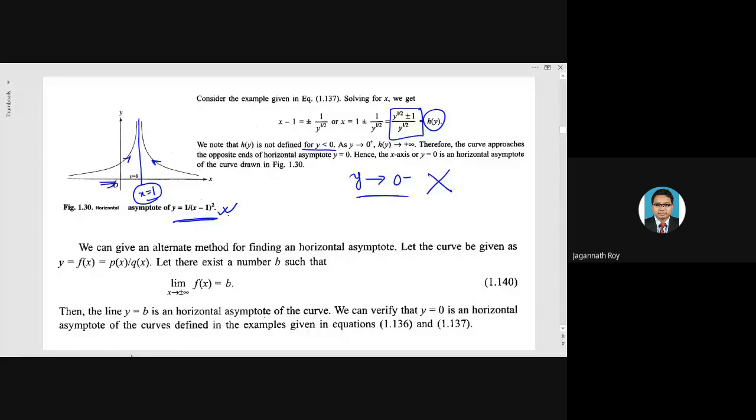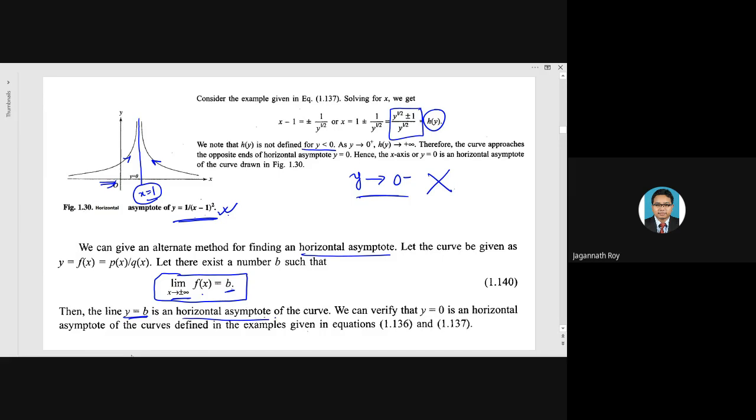There is another alternative way to define the horizontal asymptote, and that is we have to write the limit. If the limit, as plus minus x goes to infinity, f of x equals b, then y equals b is a horizontal asymptote.